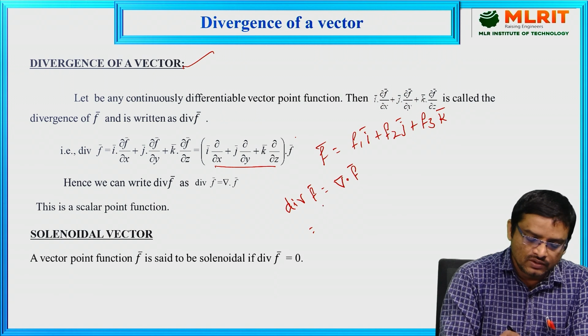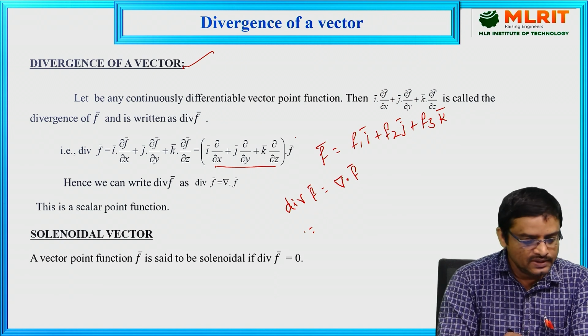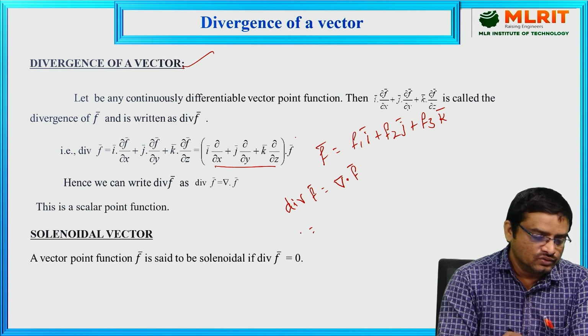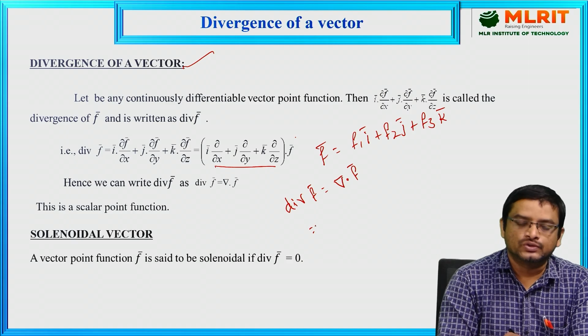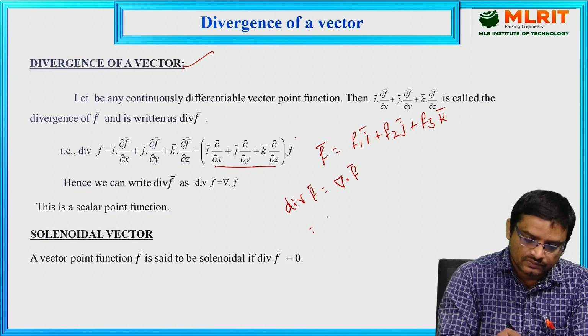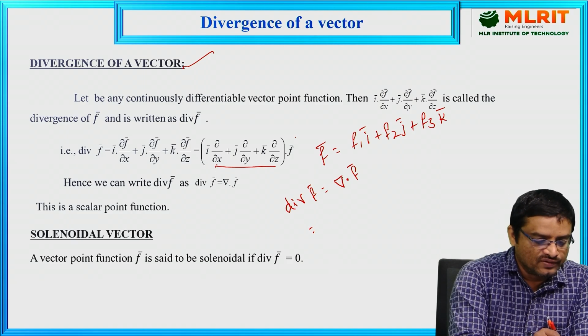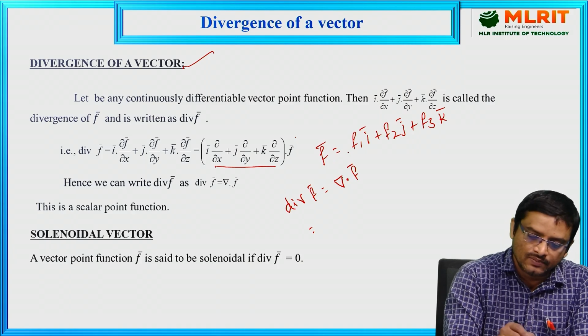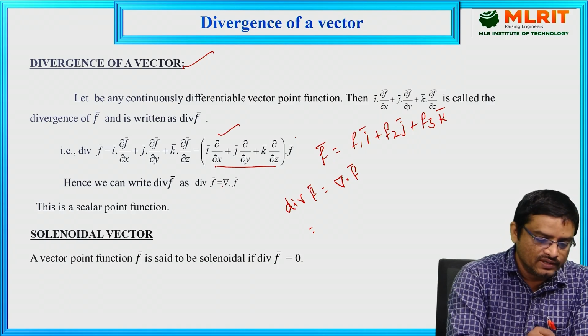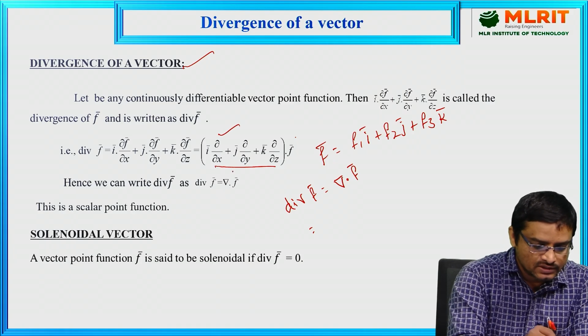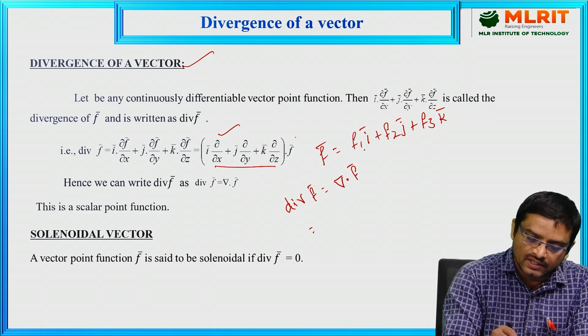In the previous videos we have seen how to apply the dot product between two vectors. You take the coefficients of i bar from both vectors and multiply them. The coefficient of i bar in the del operator is dou by dou x, and in the given vector the coefficient of i bar is f1.